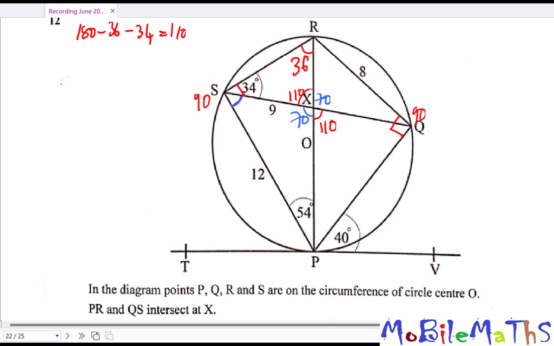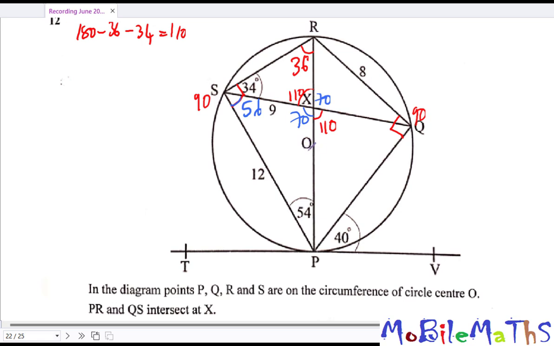I can work this angle, we said it's 90, either by the idea of a triangle, to say this whole is a triangle, and say 180 minus 70 minus 54, I'll get the same answer. Or else the idea of 90 minus 34 here, I'll still get the same answer, 56. Okay, fine. Then we can continue and fill up our triangle.